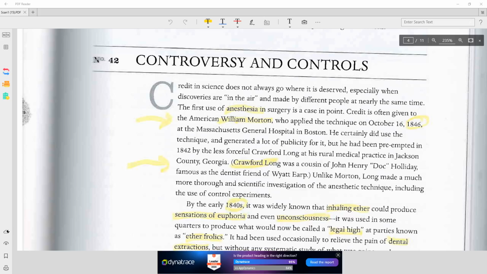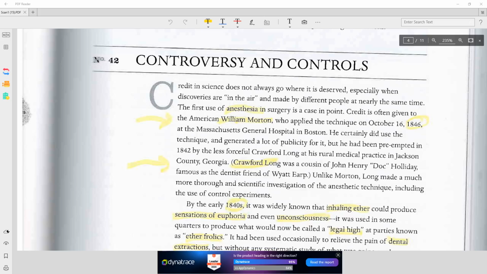Crawford Long was a cousin of John Henry Doc Holliday, famous as a dentist friend of Wyatt Earp. Unlike Morton, Long made a much more thorough and scientific investigation of the anesthetic technique, including the use of control experiments.